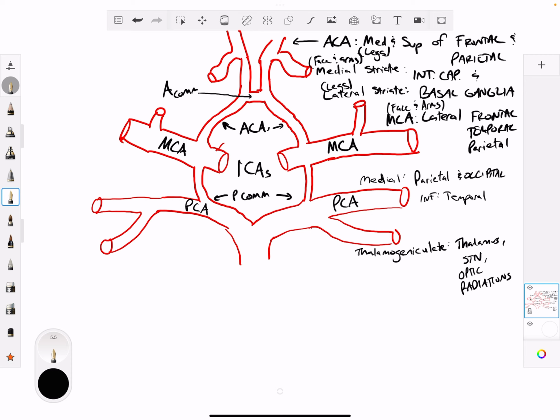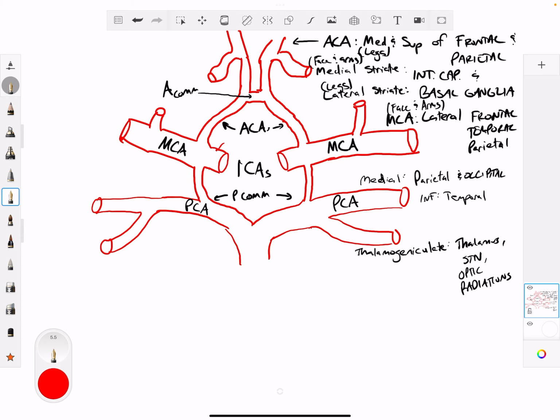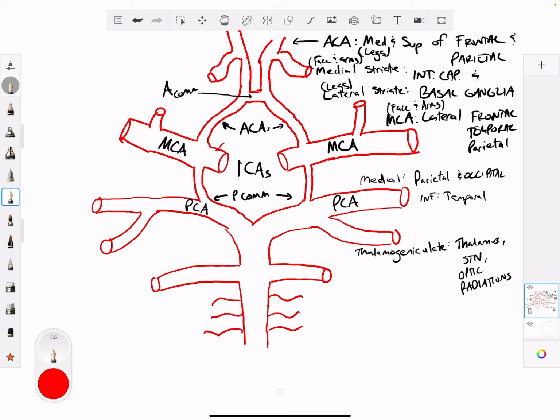Now let's go on to our hindbrain circulation. All right, so we're in the basilar artery now. Our first division is the superior cerebellar artery. So let's get that on the drawing here. We've got some pontine arteries that I'll just kind of put together like this.